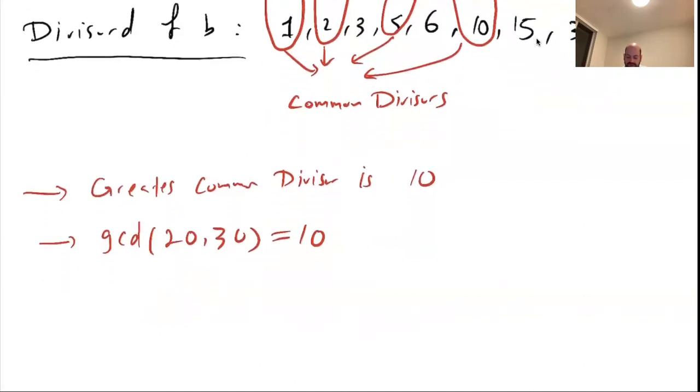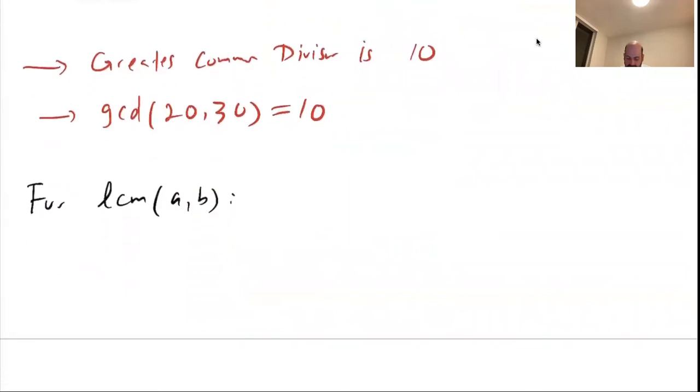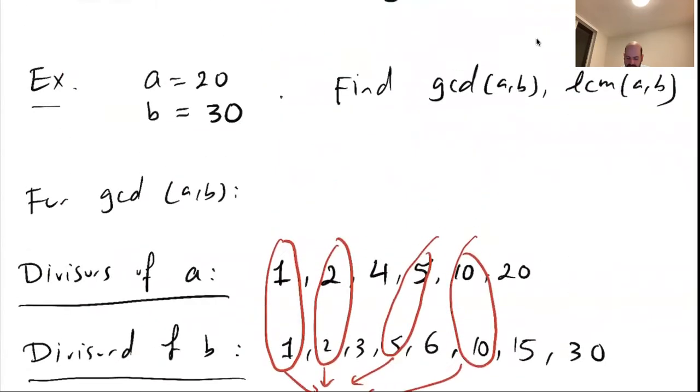Similarly for LCM, let's list the multiples first. Multiples of A, multiples of 20 is 20 itself. A was 20, right?